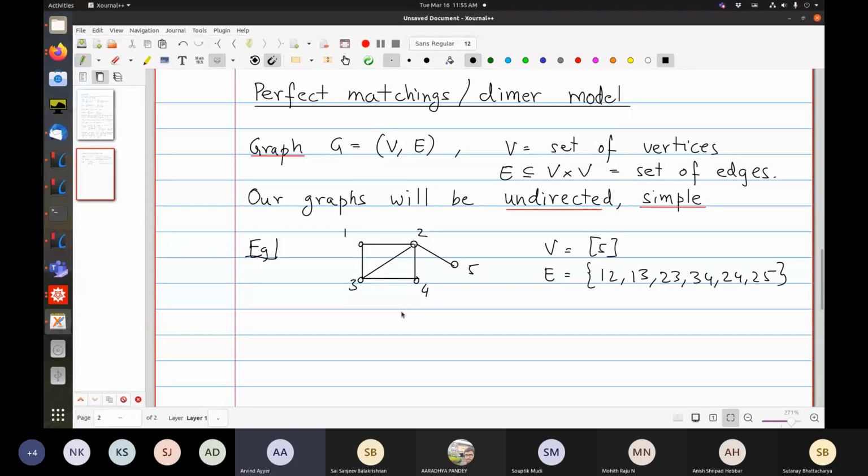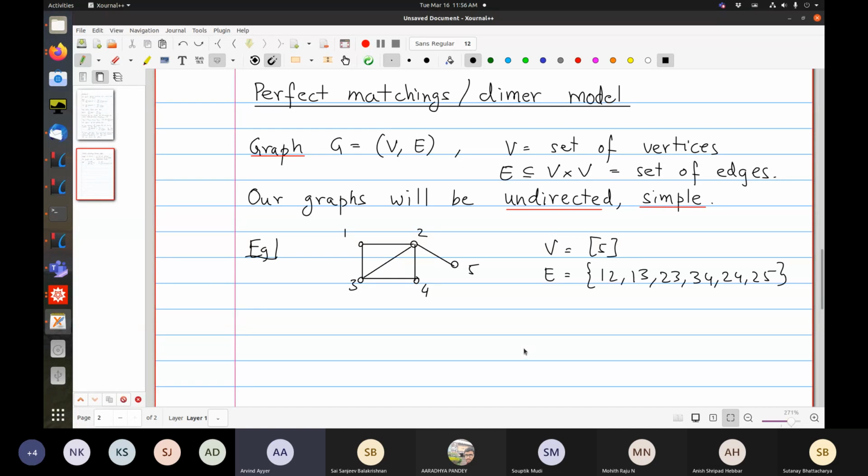I don't want to be too pedantic, so I'll stop at that. But if you have any confusions, please ask. Our graphs will be, as I said, undirected and simple. So what we don't have is things like this. In other words, E is a set and not a multi-set, and you also don't have things like this, which are called self loops. The other ones are called parallel edges, just to tell you some notation.